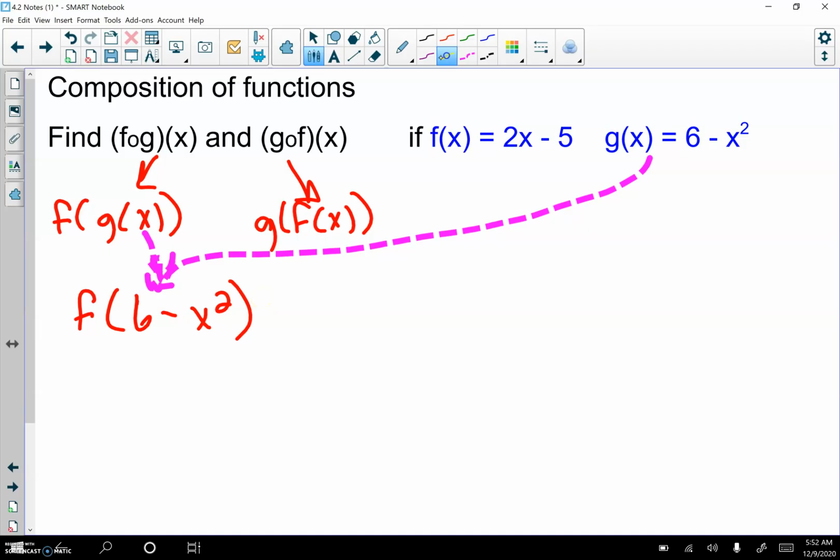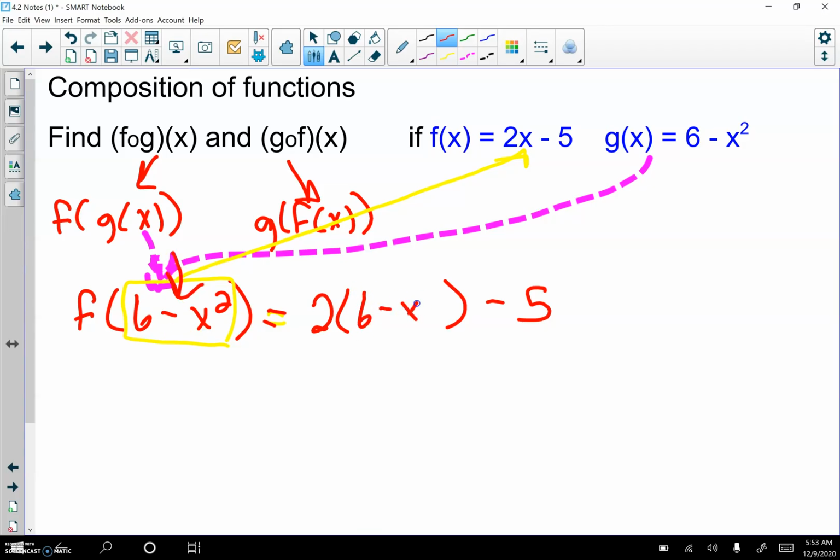I'm going to take this 6 minus x squared and drop it in for x. So I have 2 times x minus 5. The x is the input, remember? So I'm going to just drop it in. It's not just a number, it's not just a variable, it's a binomial. So I end up with that.